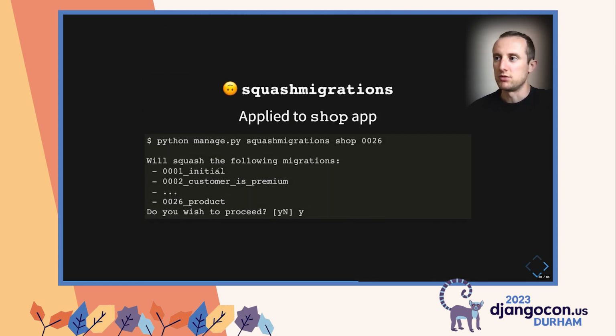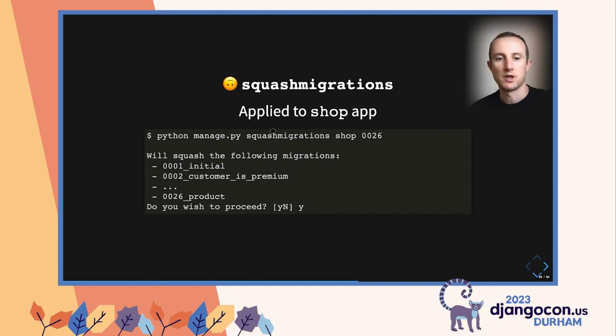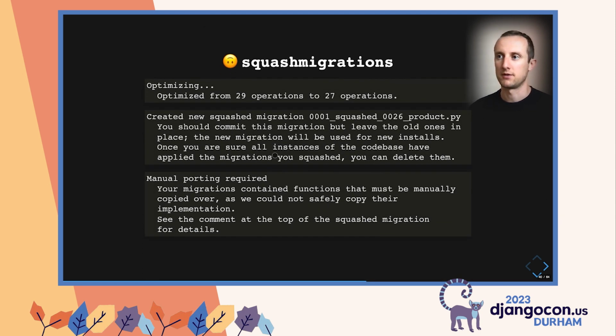So I tried to launch squashmigrations on shop, trying to squash migrations from the first one to the 26th, and after a few seconds this has been the output, so created new squashed migration.